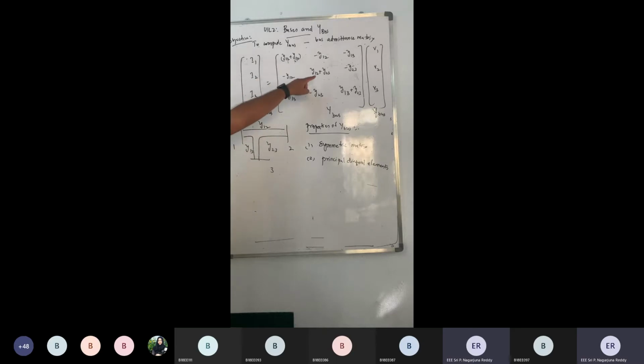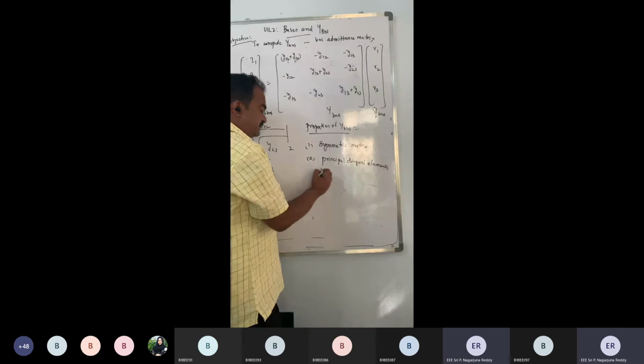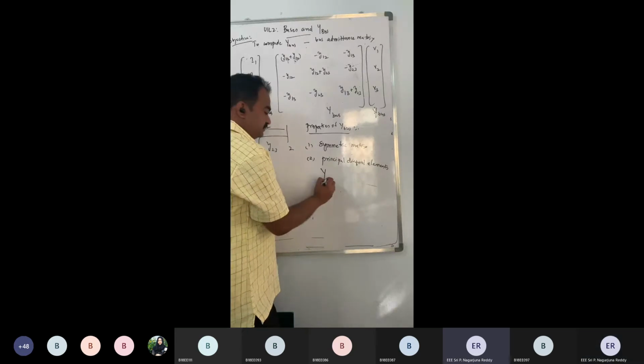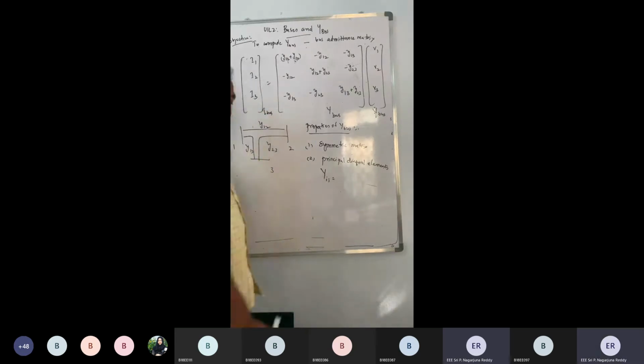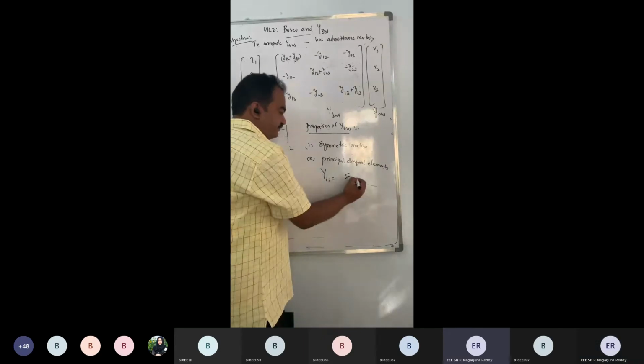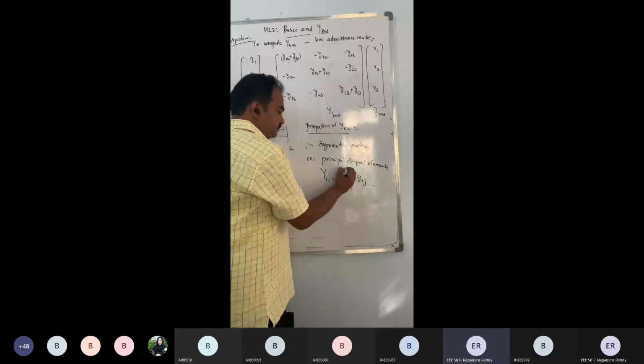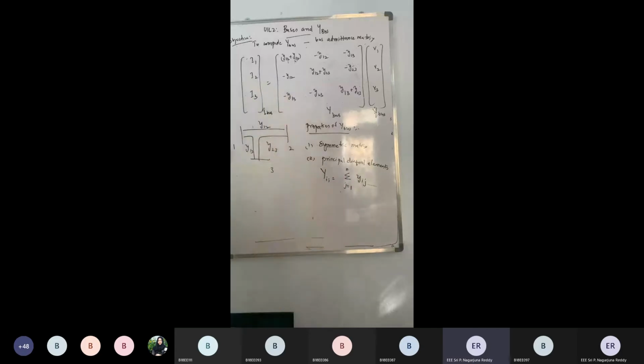That is why you have got this. Here, Y12 and Y23. Here, Y13 and Y23. So the principal diagonal elements, I'll represent as capital Y. I'll take Yii. This is nothing but the summation of the connected admittances. Is it true?